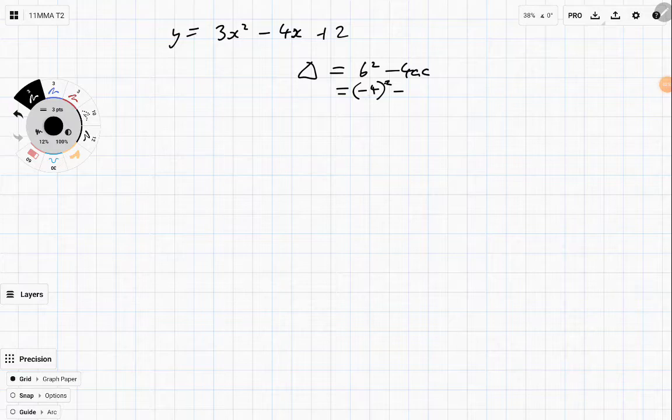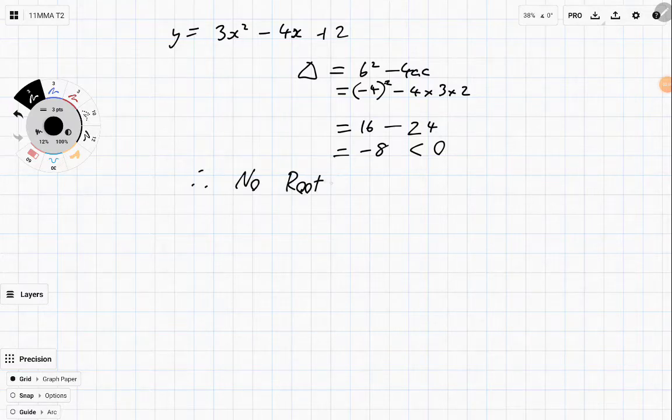So we've got negative 4 squared minus 4 times 3 times 2, 16 minus 4 times 3 is 12, 12 times 2 is minus 24, which is negative 8, which is less than 0, therefore no roots or solutions.